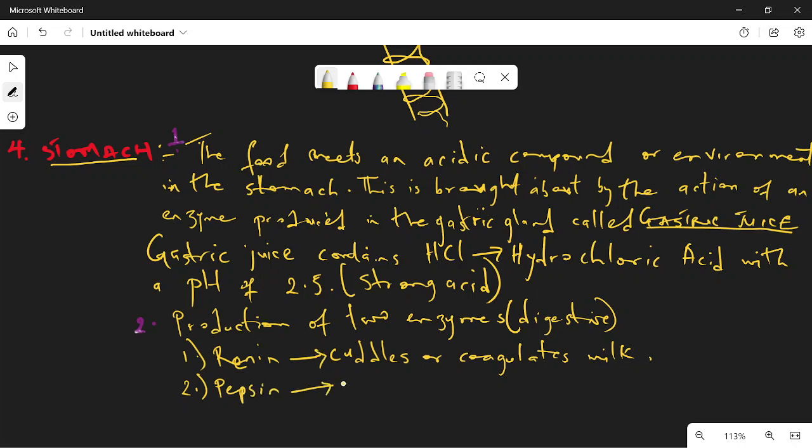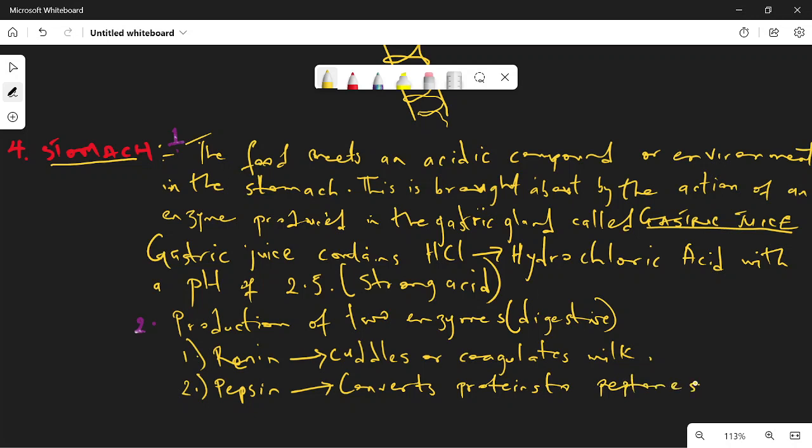Pepsin here is acting on proteins. It converts proteins to peptones.